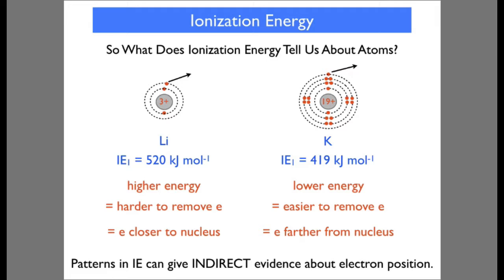So patterns of ionization energy can give indirect evidence about electron position. We know in lithium this electron is nearer the nucleus because this number is higher than this electron in potassium.